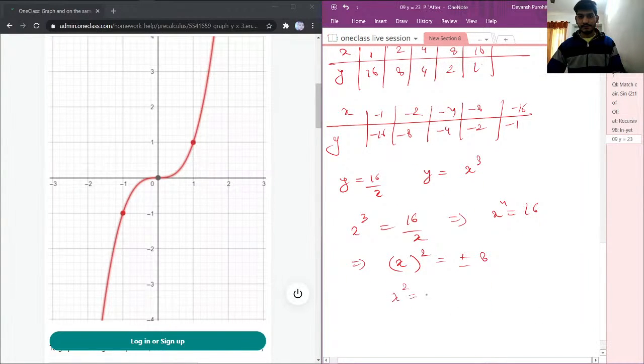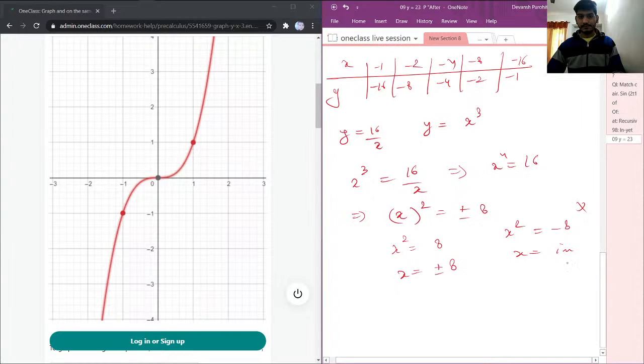When x square is plus 4, x will be plus minus 2. When x square is negative 4, x will be imaginary. So for negative, it is not going to exist. These are going to be imaginary values. So for x equal to plus minus 2, I'll just put the value of x equal to plus minus 2 into this equation.